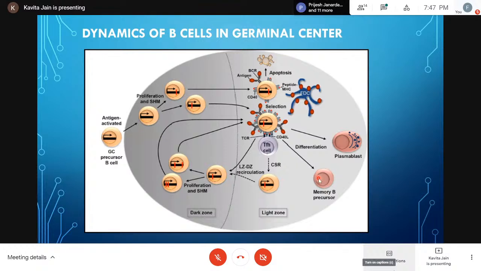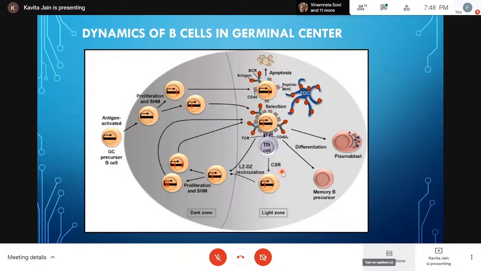They can remain as memory B cells, which on antigenic stimulation can produce B cells, or mutation takes place in the heavy chain now. Earlier, it took place in the light chain. Now it will take place in the heavy chain. That is the class switch recombination. Initially, as I told, the naive B cells possess IgM, which is very short-lived.